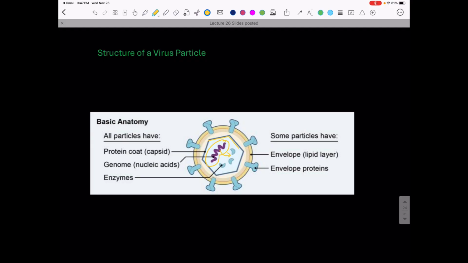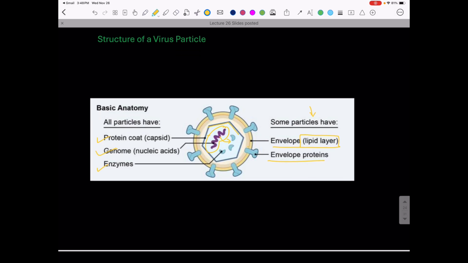All viruses will have a protein coat, the genome, and some enzymes that are required for the particles to be able to revive again. But some of the viruses can also have an external envelope, which usually consists of a lipid layer, and they may also have some embedded proteins which can act as envelope proteins that are very specific for these types of viruses.